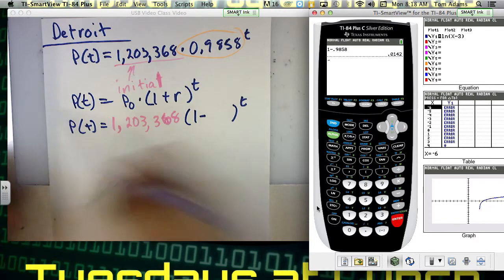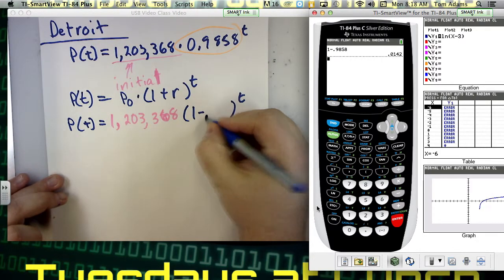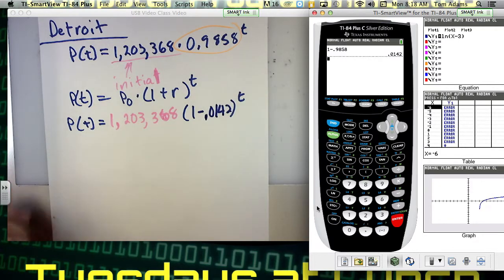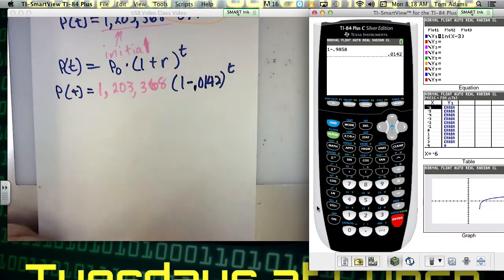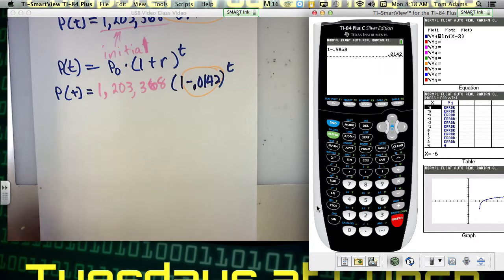That's my growth or decay. I'm trying to be as ambiguous as possible to make you guys think about this, but I'm kind of also giving the answer away. All right, so if I'm subtracting, right, if my r has a negative value, what would you call this, a growth or a decay? It's a decay.